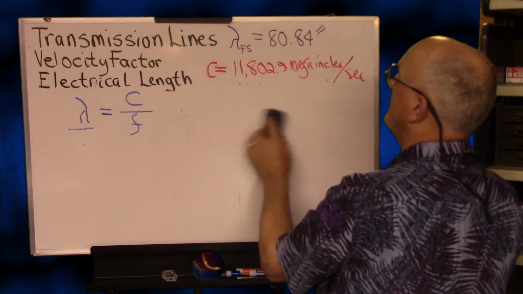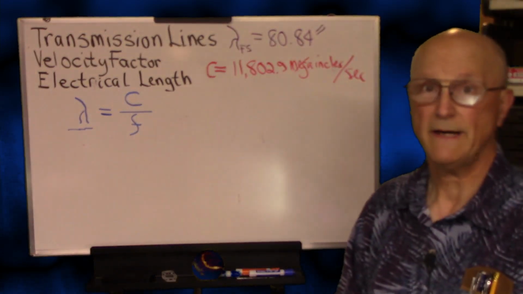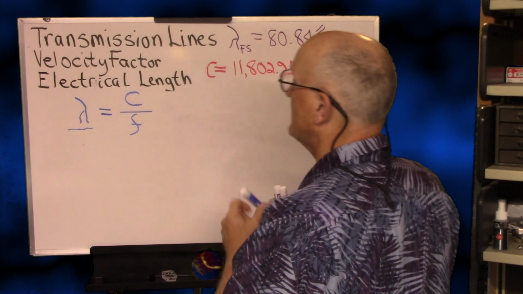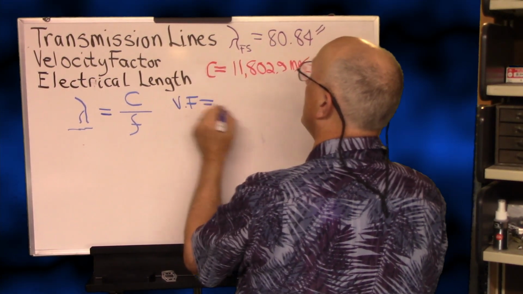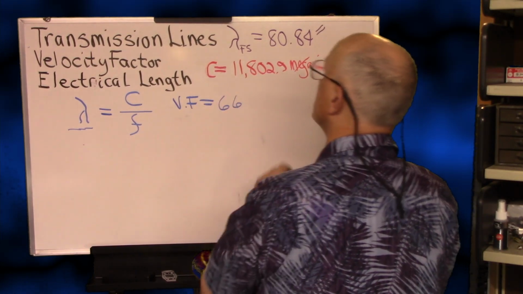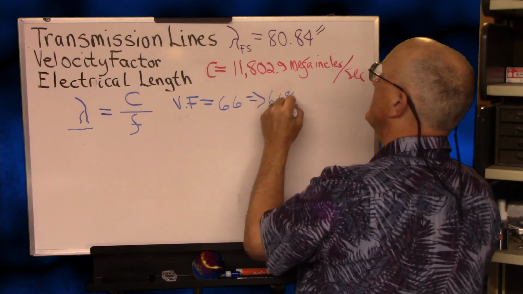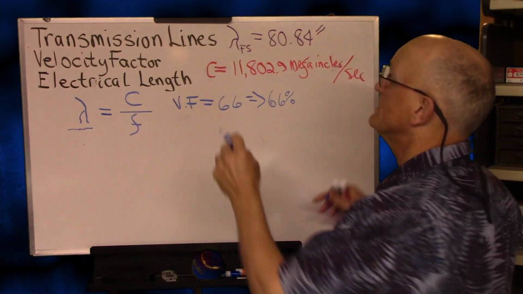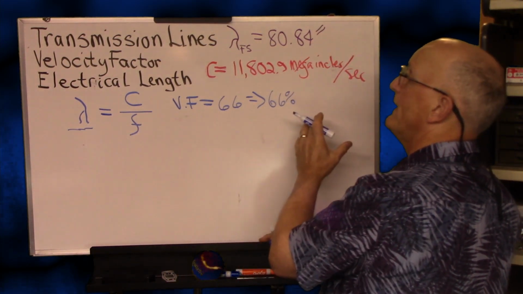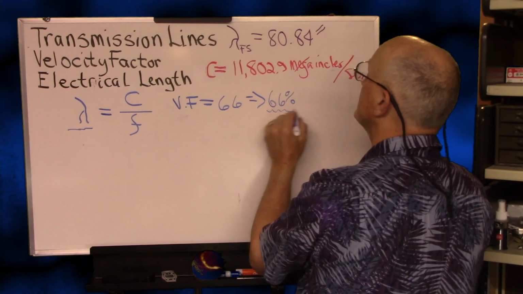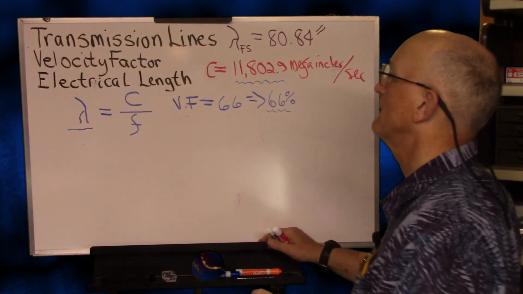Now we have a piece of coax that has a velocity factor of 66, which means 66%. That means that the speed at which the signal is going to be traveling down the coax is 66% of the speed that it would travel in free space.